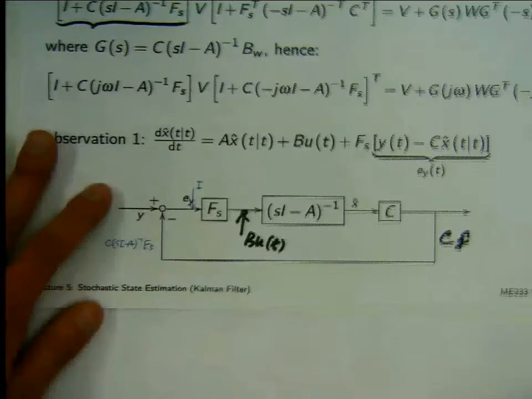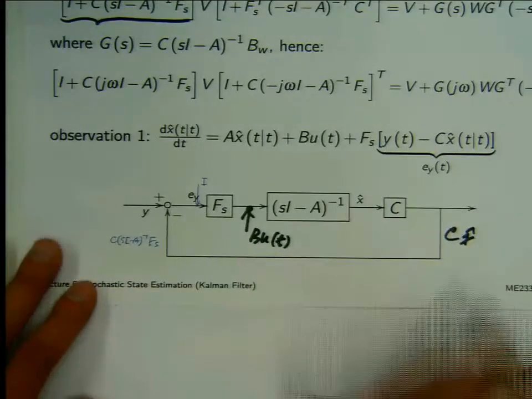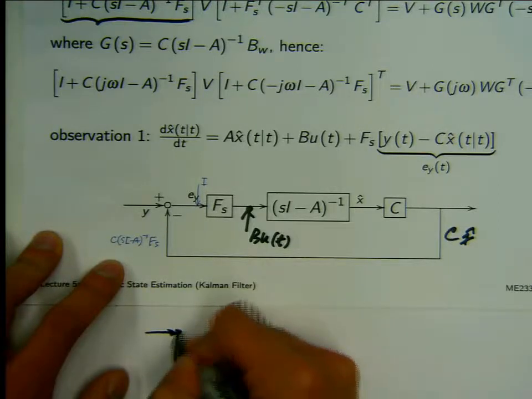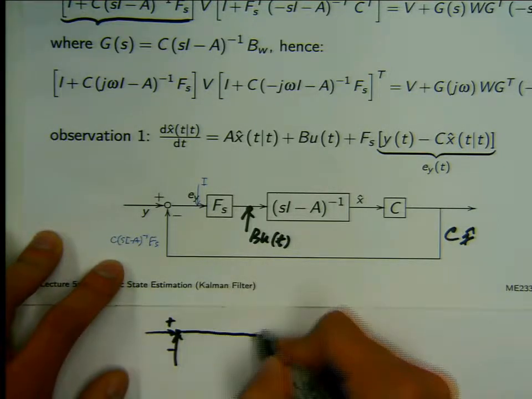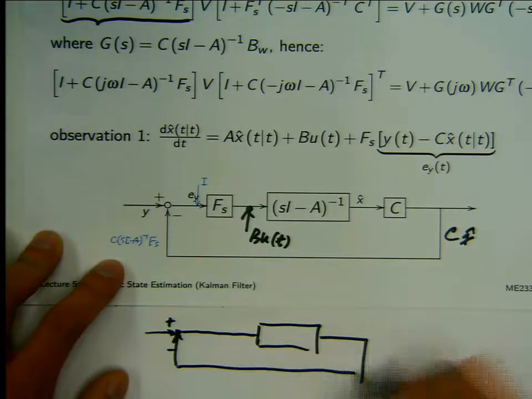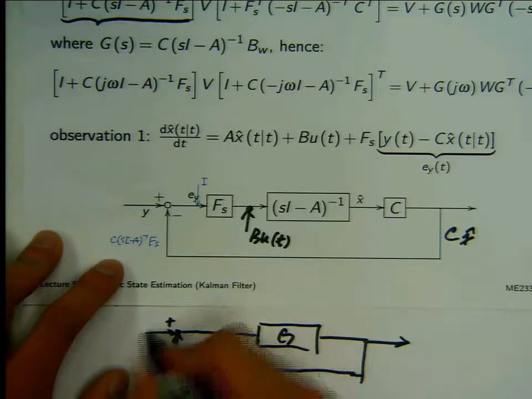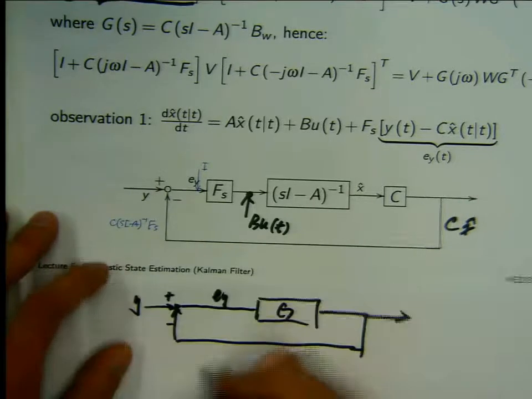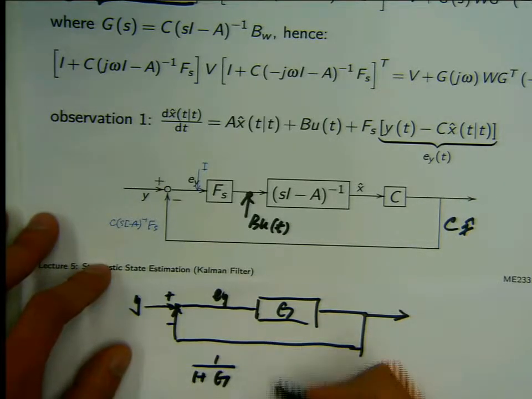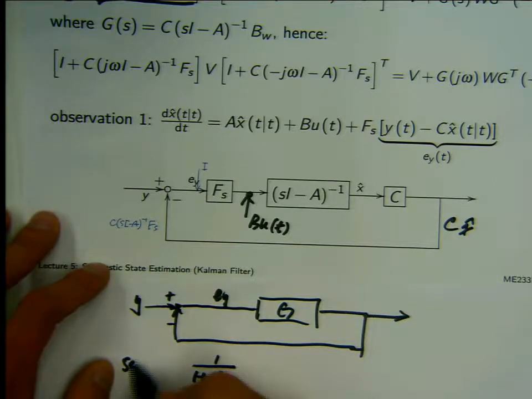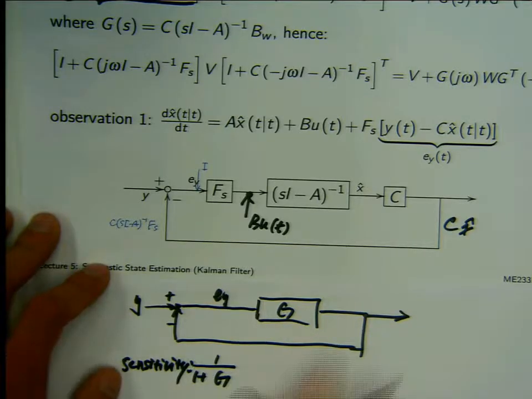So it's a multiple input, multiple output transfer function. Just as a review, for a single input, single output case, what's the transfer function between y and ey? It's going to be 1 divided by 1 plus g, right? If you have taken any loop shaping class, it's called the sensitivity function of the closed loop system.